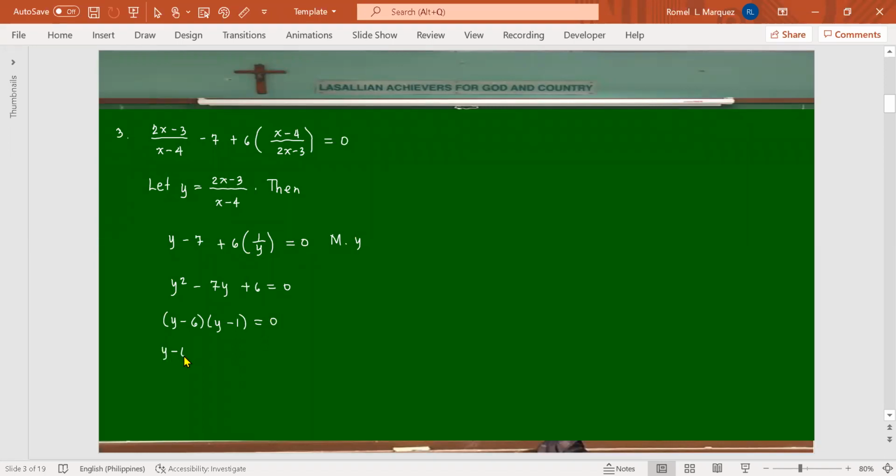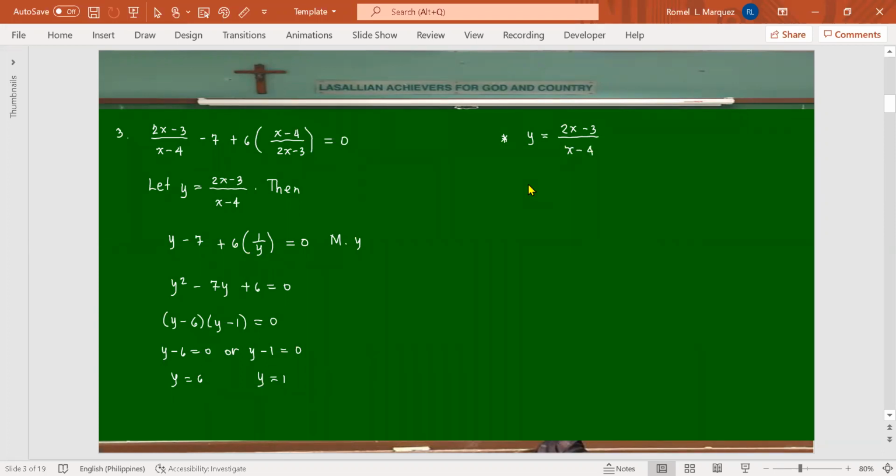y minus 6 is equal to 0, or y minus 1 is equal to 0. y is equal to 6, or y equals 1. So we know that y is equal to 2x minus 3 all over x minus 4.